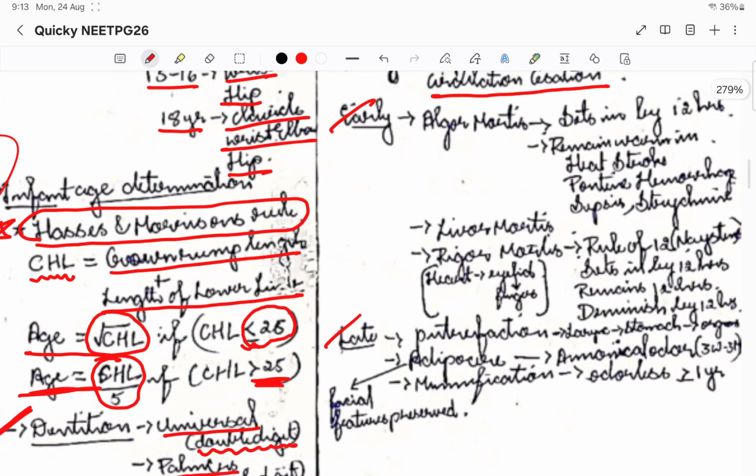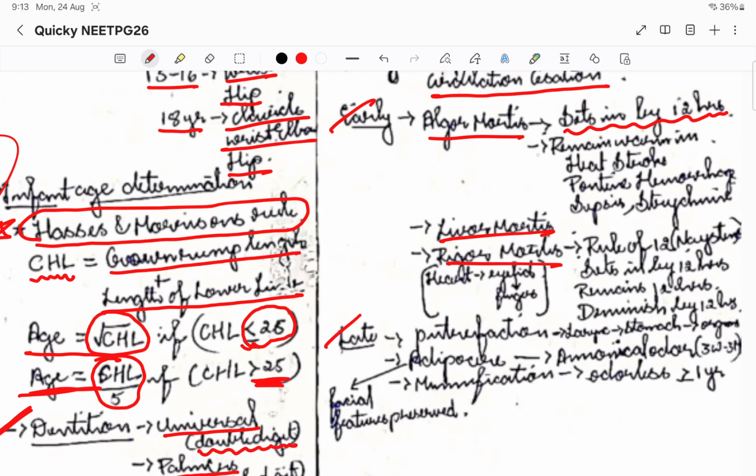Then coming to early changes, which is very important, that is algor mortis, livor mortis and rigor mortis. What are these? Algor mortis is with regards to temperature, which sets in by 12 hours. After death, with the passing of 12 hours, the body will be cold. Immediately the body won't be cold. So after 12 hours, it is going to be cold.